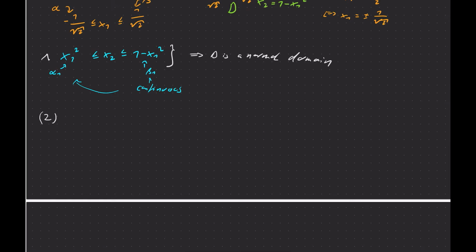Let's say we want to integrate over a disk. That's a fairly common case. Okay, so again, let's draw a coordinate system. And then let's say we want our normal domain, our set D, to be a disk like this. A disk of radius 1 around the origin.